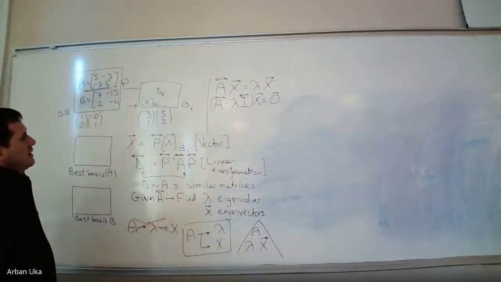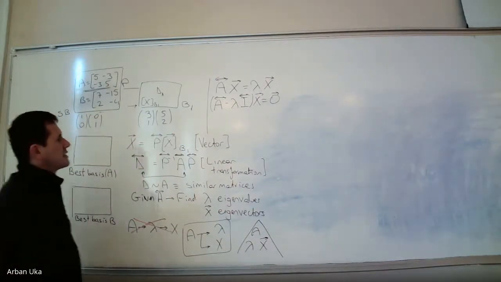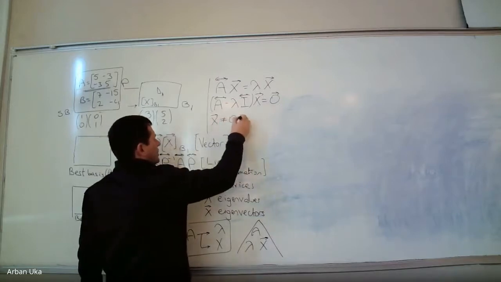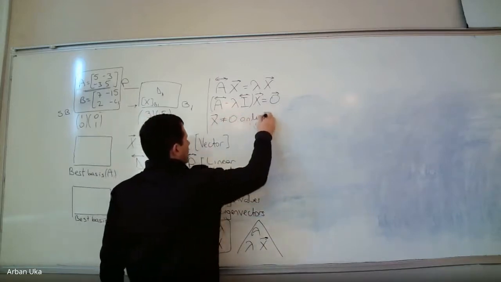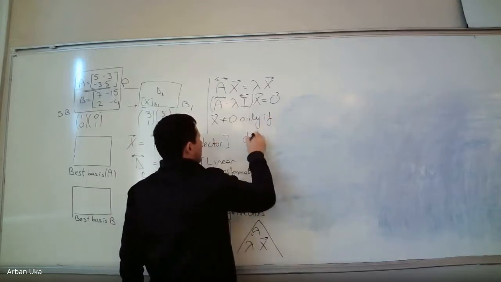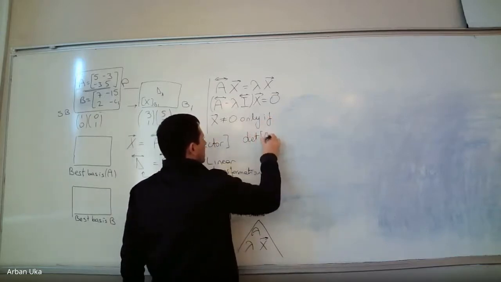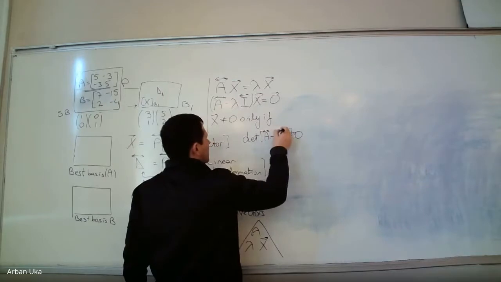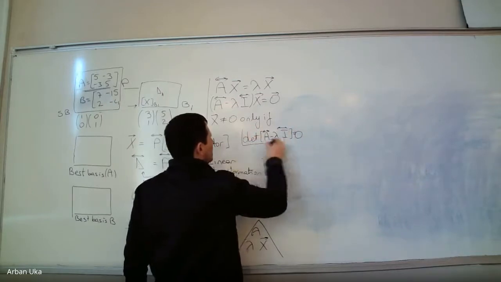And then x is different from 0. X is a non-trivial solution only if the determinant of A minus lambda I is equal to 0.